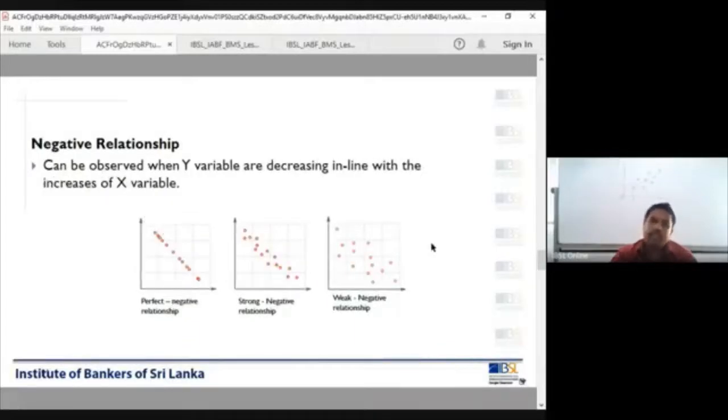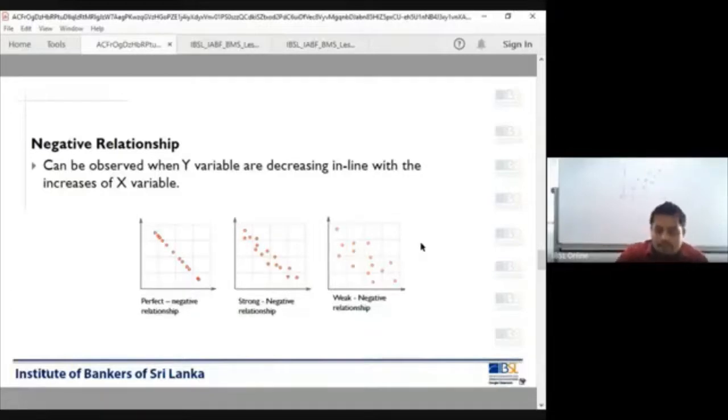In contrast, negative relationships are where you could observe y variables decreasing in line with the increase of x variables. I repeat, y variables are decreasing in line with the increase of x variables.